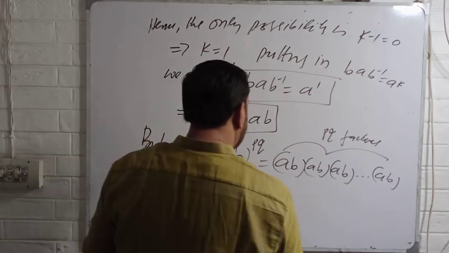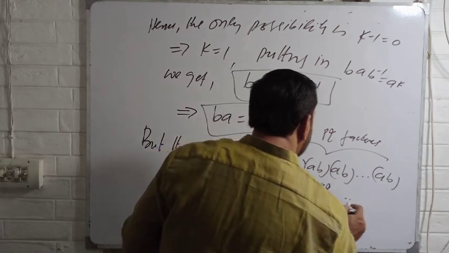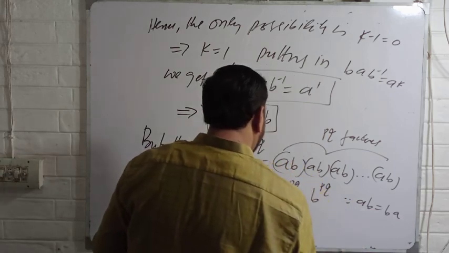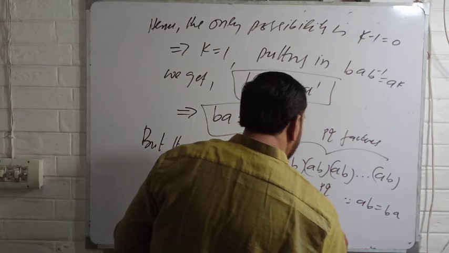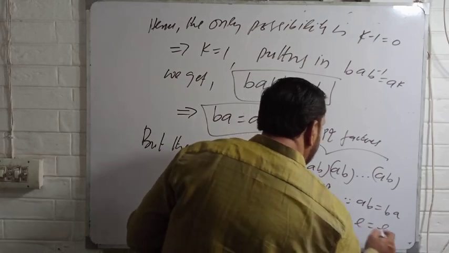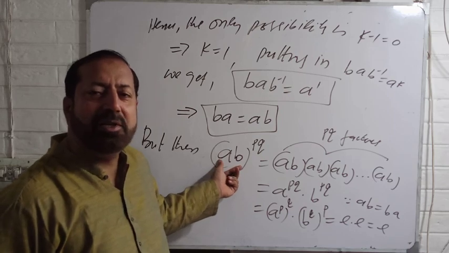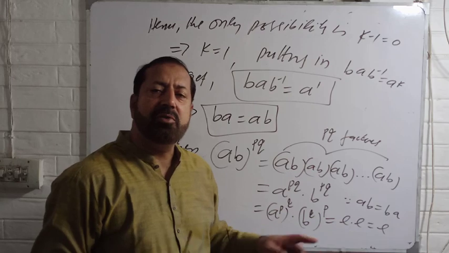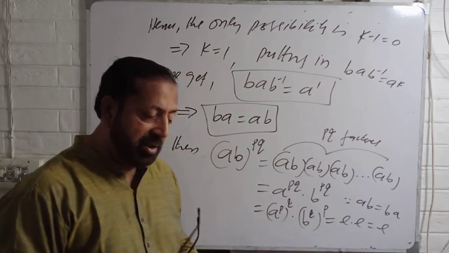You can write A power PQ into B power PQ. Since AB is equal to BA, this implies A power P power Q, B power Q power P. This is E, E, E. Right. So you are getting an element AB, which is an element of G, whose power PQ is equal to E. So G is a cyclic group generated by AB.